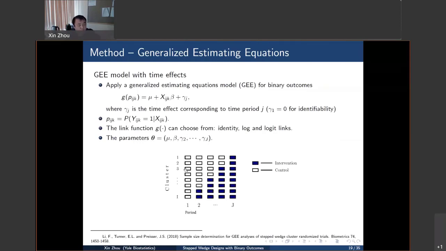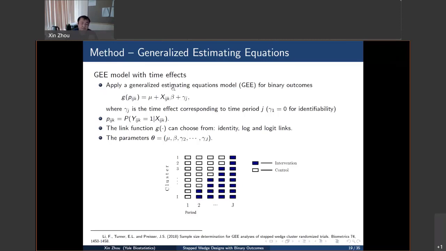Okay, now I move to the GEE method. The Hussey-Hughes method and our maximum likelihood approach only handle the cross-sectional design. The GEE approach may calculate the power for both the cross-sectional design and the cohort design. Unlike the mixed effect model, the GEE model needs to specify a mean model and a variance model.